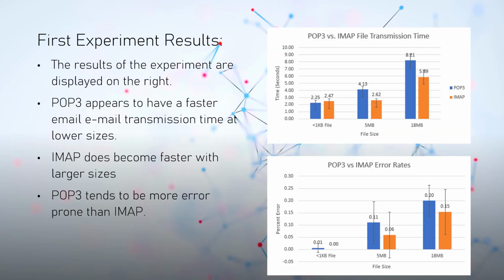After the data was collected, we found these results here. So we got the time it takes to send a file and the error rates of each file size by their protocol type.